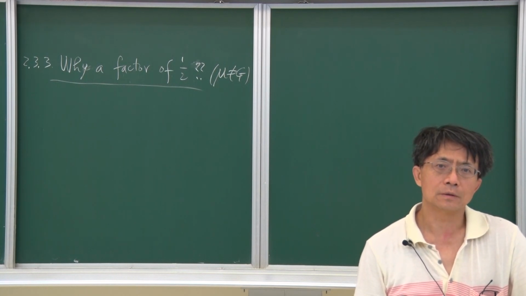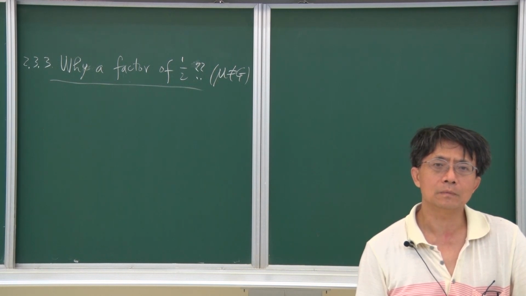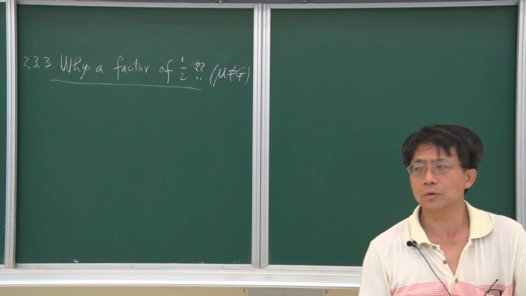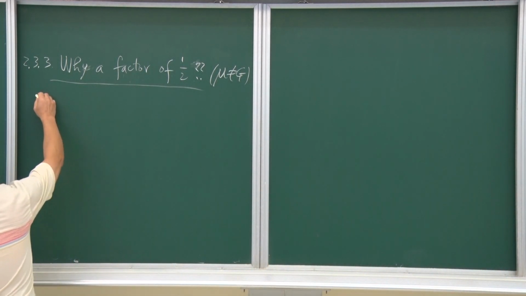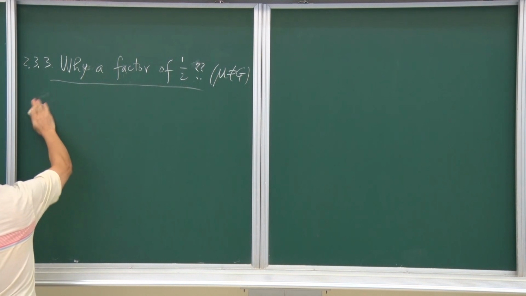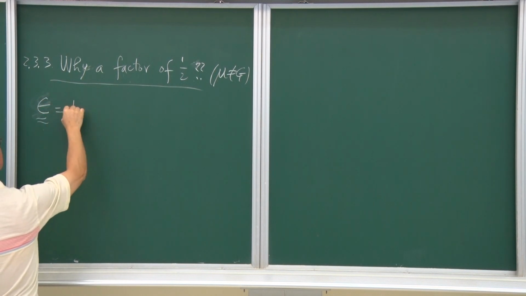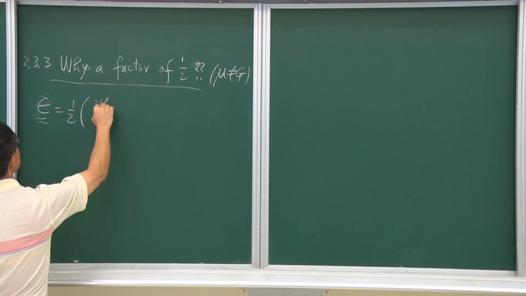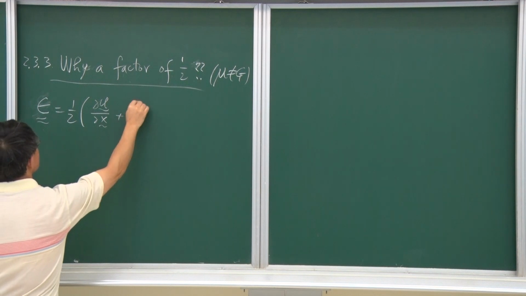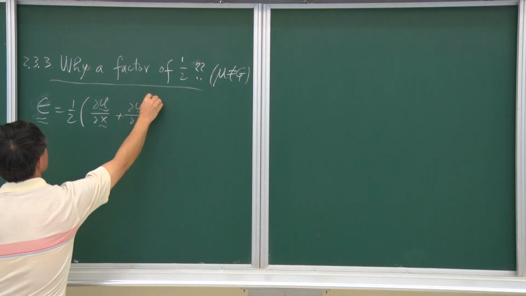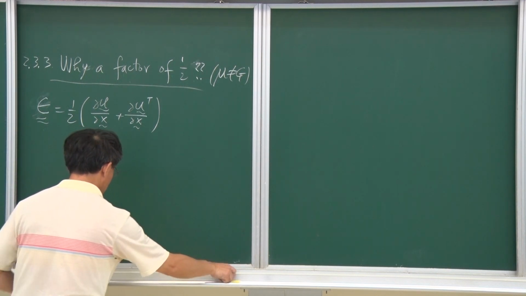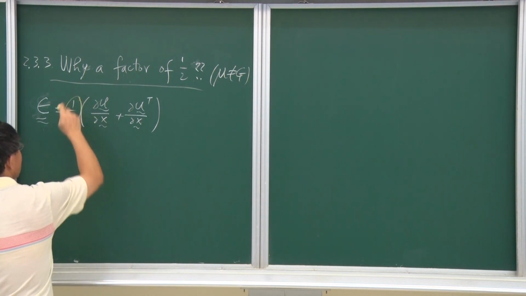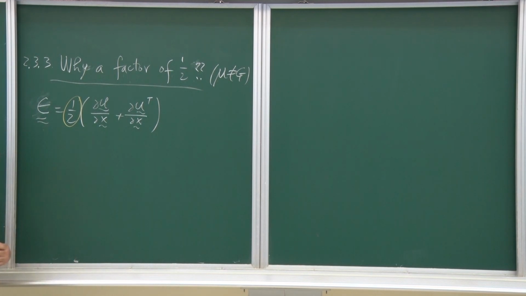And in this section, I want to bring up one viewpoint to you. Here, this is the definition of the classical strain. And one may ask one question: why do we have a 1/2 here?